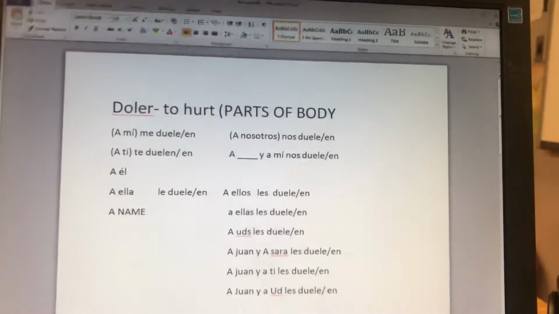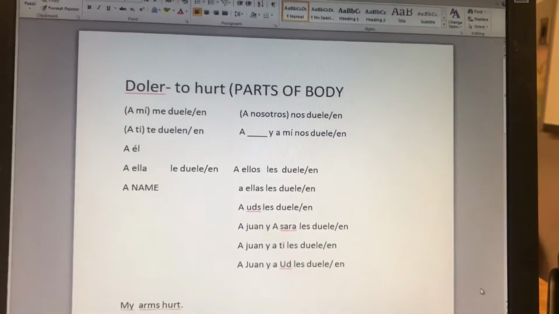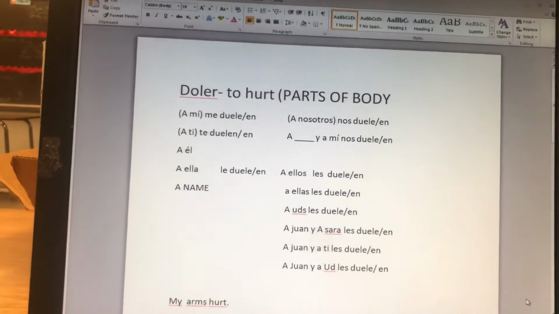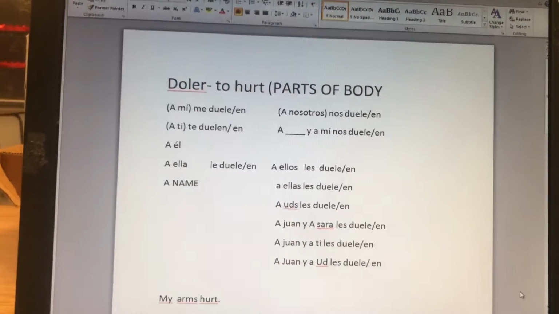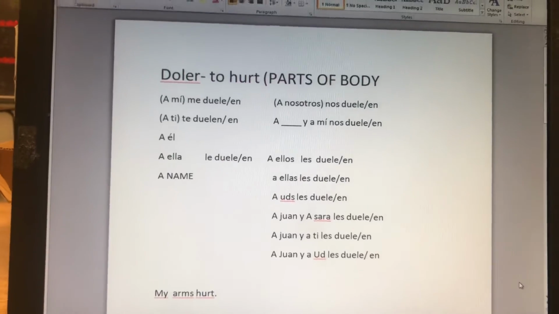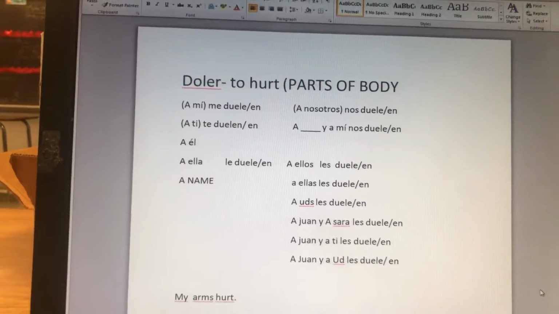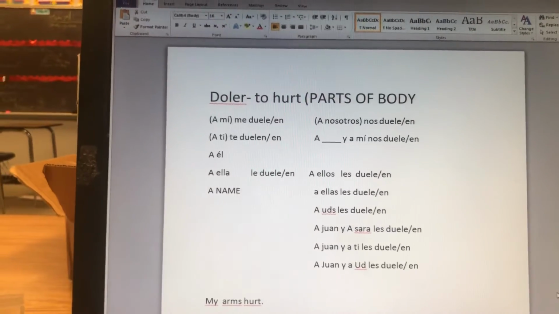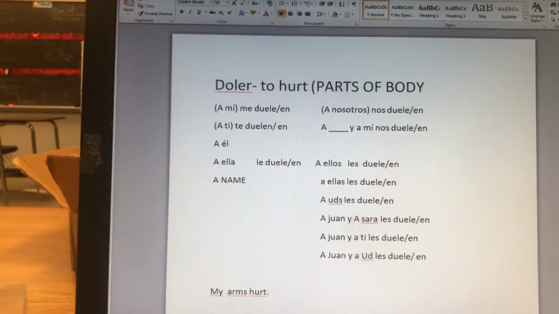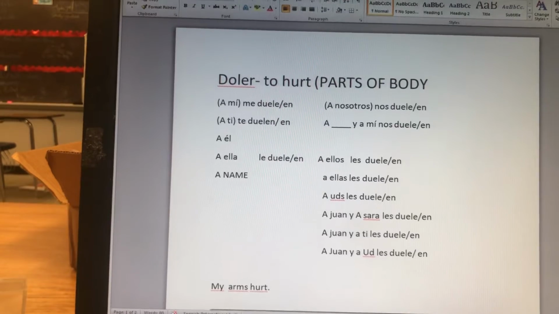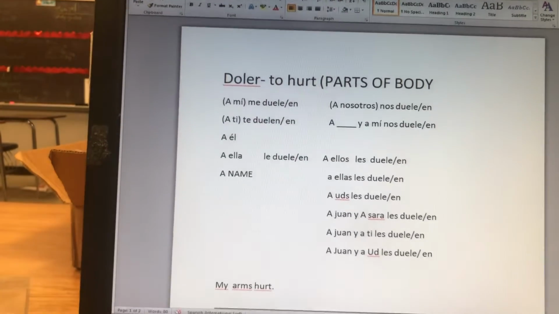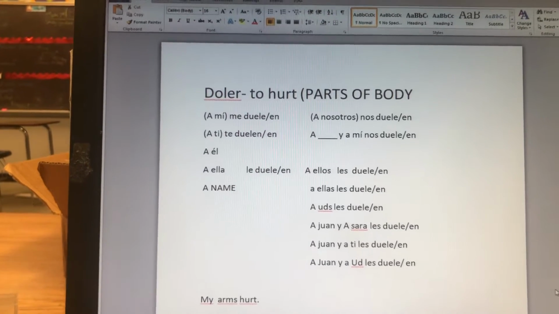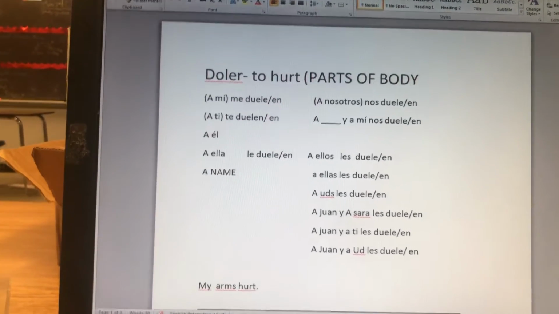Okay, so since our main objective in this chapter is to learn body parts, we're really going to be focusing on the gustar verb doler. I'm calling doler a gustar verb because it follows the gustar pattern. Now, all those other verbs that you saw in part 1 also follow the gustar pattern, but since you're not here at school, I think next year we will review those other verbs, but we will not be reviewing doler as much.